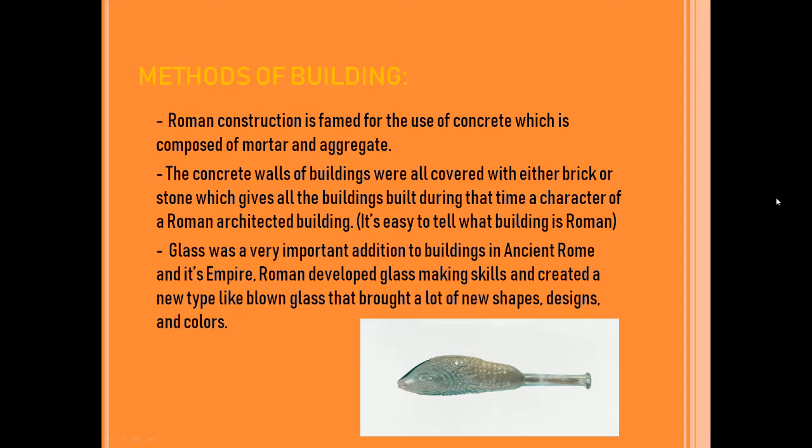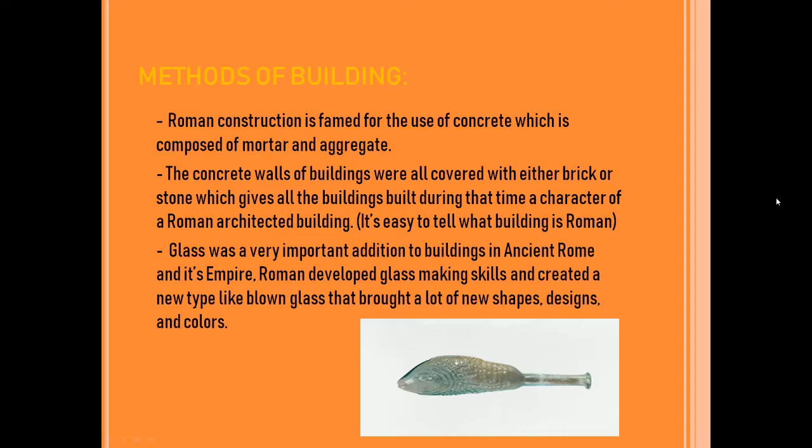Roman construction is famed for the use of concrete, which was composed of mortar and aggregate, and the concrete walls of buildings were all covered with either brick or stone, which gives all the buildings built during the time the character of Roman architecture. It's pretty easy to tell which building was Roman, even today, if you see pictures.